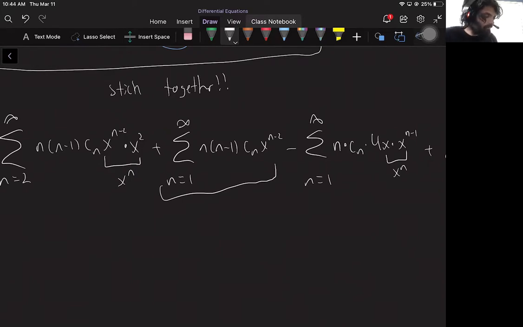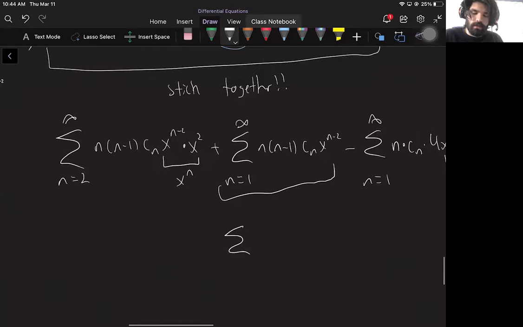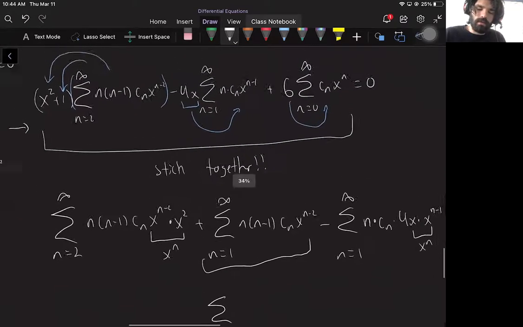Let me just check my notes because it's a lot of work, so I don't want to mess up by accident. I want to think about the easiest way. Okay, so how can I re-index this one? Oh wait, that's a 2 there. Huh, almost screwed up. Good thing I checked.